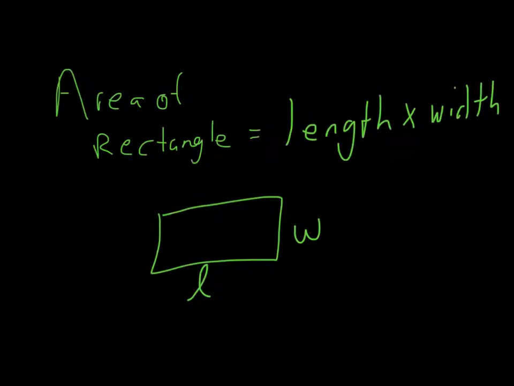Let's look at the area of a rectangle first. To find the area of a rectangle, those two dimensions, you have your length and you have your width, and you're done. To find the volume of a rectangular prism, you just need to add in that third dimension.